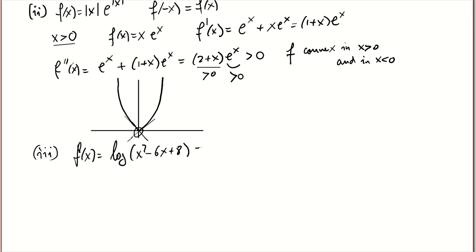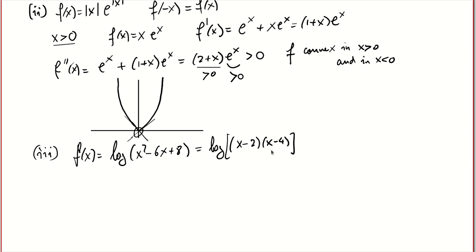Actually you can rewrite this as the logarithm of two factors, which are x minus 2 and x minus 4, right? Because then the sum of the two roots is 6 and the product is 8, as we have here, okay? So this is what we have, which, by the way, tells us where this function is defined. This function is defined only outside the two roots, right?